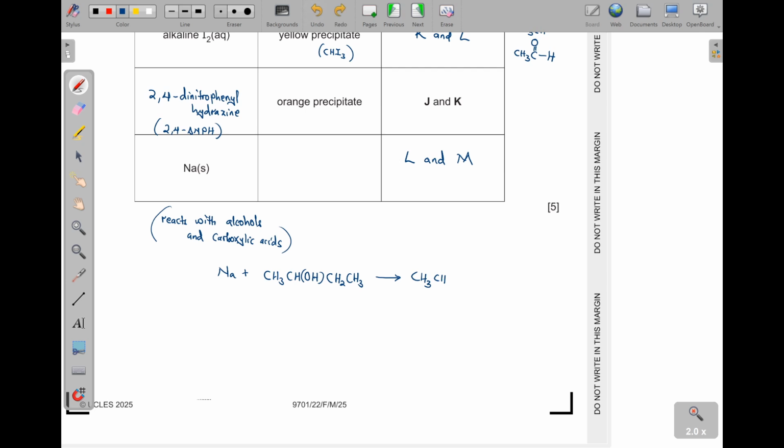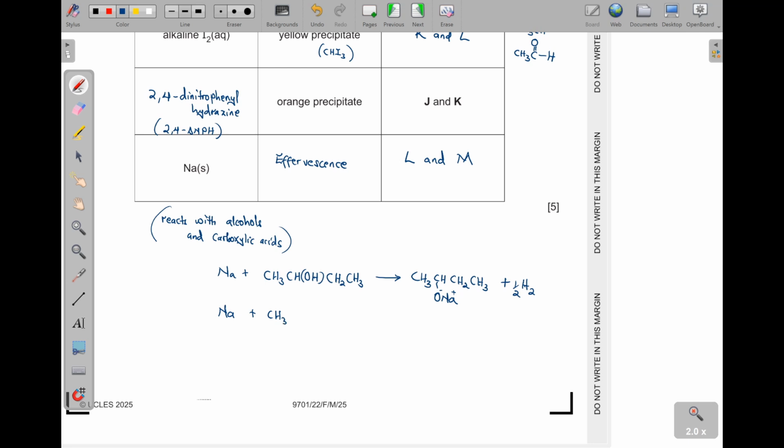In fact, let me just write it here: O, then the Na, minus, plus. Now we are going to get hydrogen given off as a gas. Because this one is a gas given off, I'm going to put effervescence.